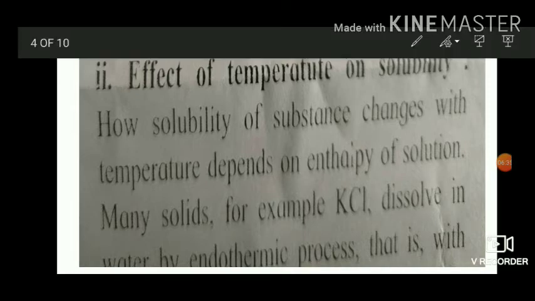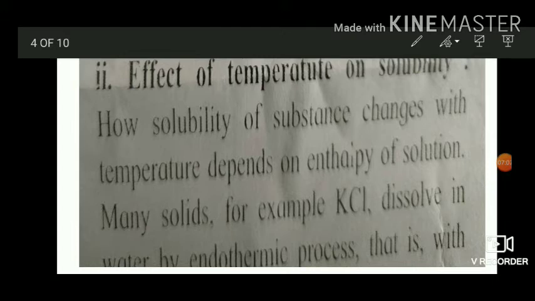Depending on temperature, the reactions are exothermic and endothermic. In an exothermic reaction, heat is evolved, and in an endothermic reaction, heat is absorbed. This is called the enthalpy of solution.